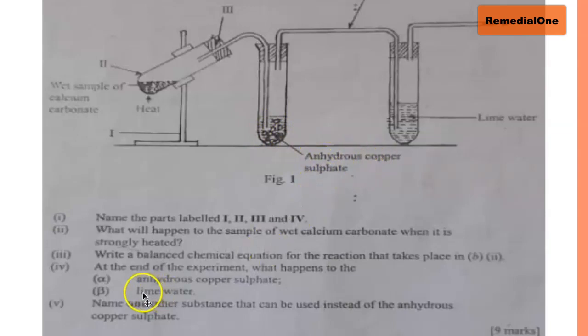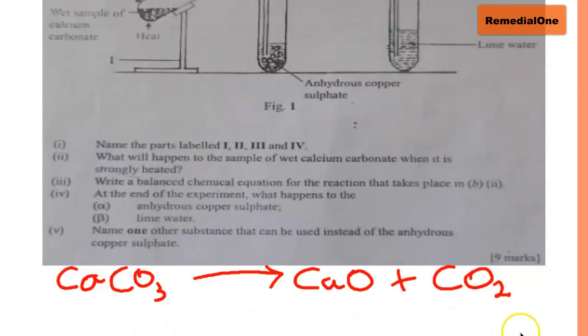Then the next question is, what will happen to the lime water? Let's look at the lime water. This is lime water here. So when you continue to heat the calcium carbonate, according to the equation, it will decompose. And when it decomposes, it forms calcium oxide, which will remain in the test tube, and then carbon dioxide gas. So carbon dioxide gas will escape.